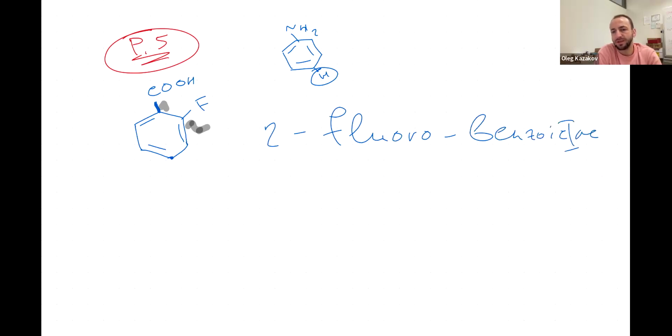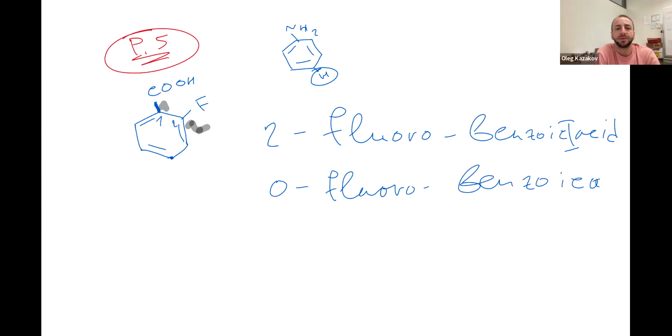There's going to be a space. So 2-fluorobenzoic acid, or since we have a 1,2 substitution pattern, we can also call it ortho-fluorobenzoic acid. We can sometimes use those interchangeably: 2-fluorobenzoic acid, ortho-fluorobenzoic acid.